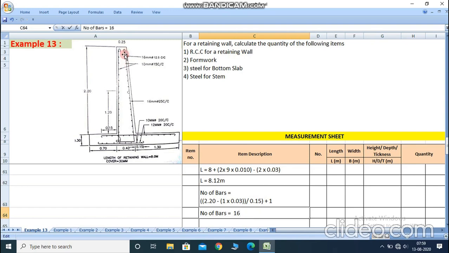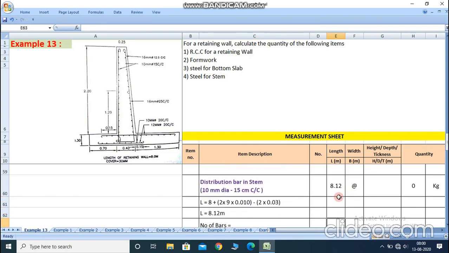But here there is a face side and back side, so on one side we calculated 16 bars, multiply by 2, so the total bars required is 32.